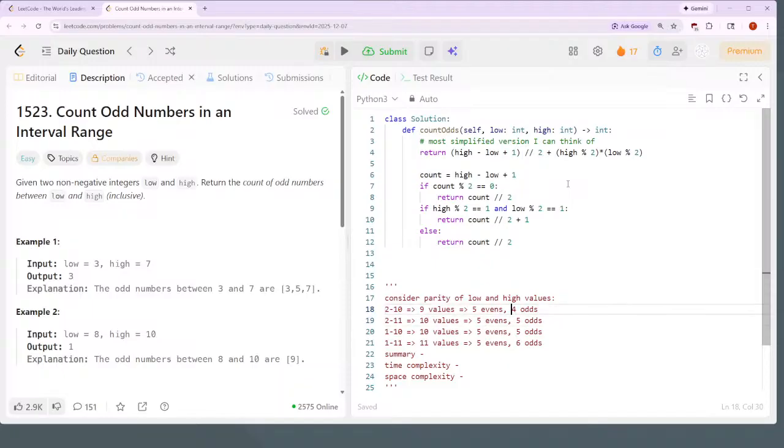And I guess you could use the parity of the lower value at that point. That would work. Or the opposite of the parity of the lower value. Or use the parity of the higher one to increase it.